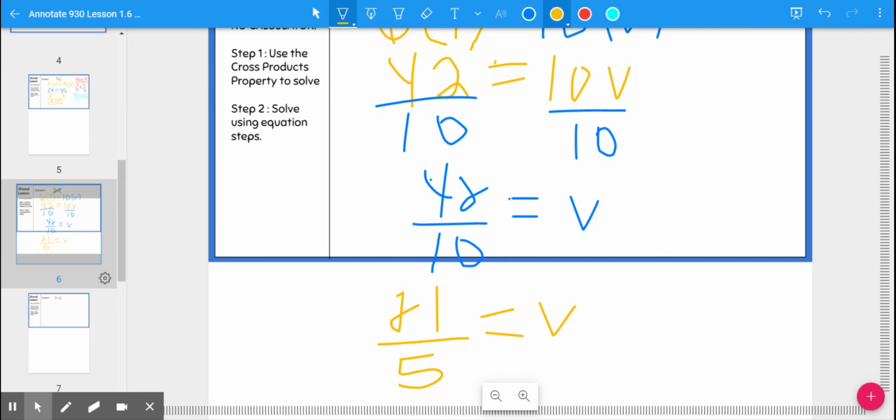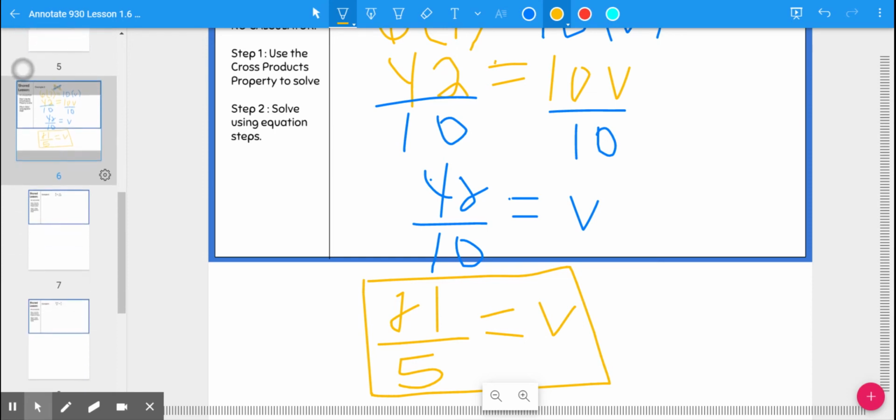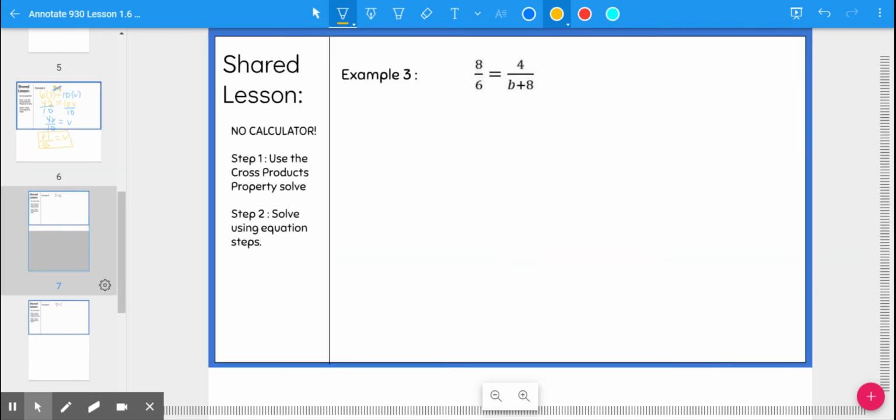I can't simplify this any further, so this would be my final answer. 21 fifths is equal to v. Again, if we have a fraction answer, that is fine, but we need to make sure that our fraction answer is fully simplified to receive full credit. Alrighty. Now I'll meet you guys on slide 7.